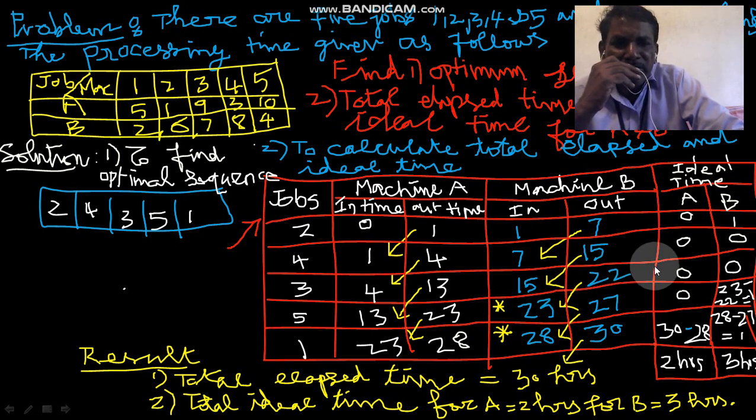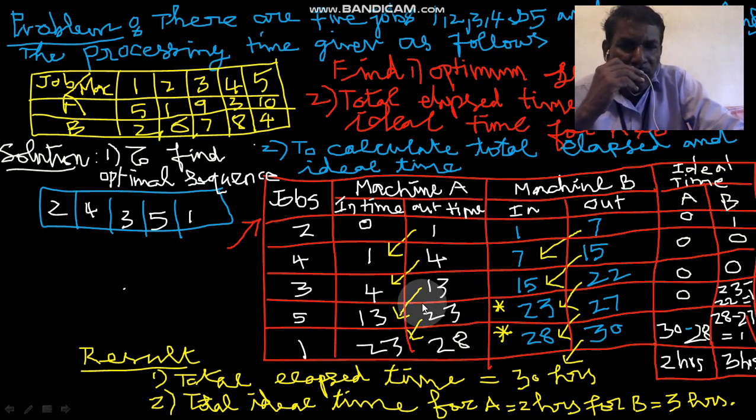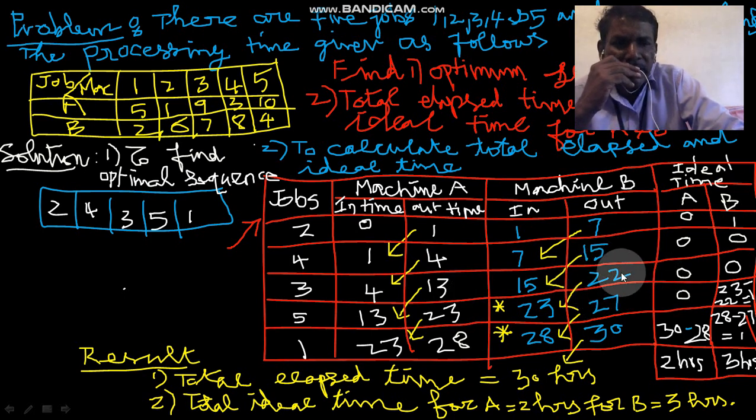Now look carefully here. Machine A finishes the fifth job at the 23rd day, but here the job is finished in 22 days itself. So machine B has to wait 1 day, and afterwards only it can start. Very carefully here, 22 days it is finishing, but to finish the job 5 on machine A it takes 23 days.